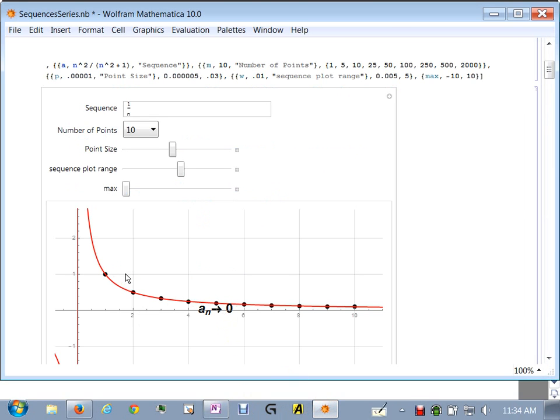So in the picture, the red is us extending the sequence to the continuous function. This is like 1 over x, isn't it? Whatever the 1 over x does is what the 1 over n as a sequence has to do. So this is just a domain change.